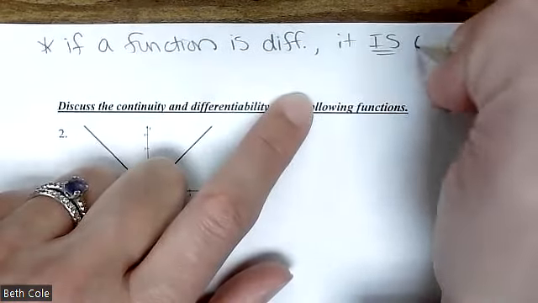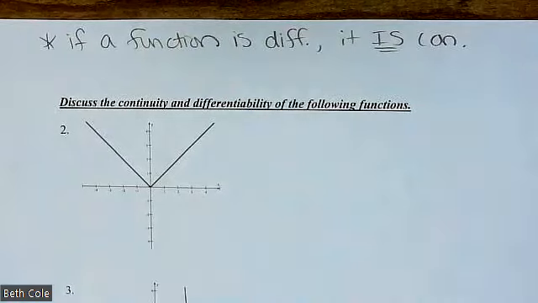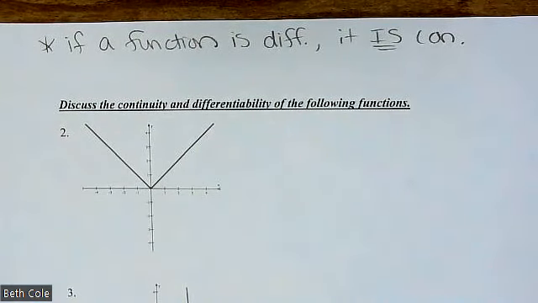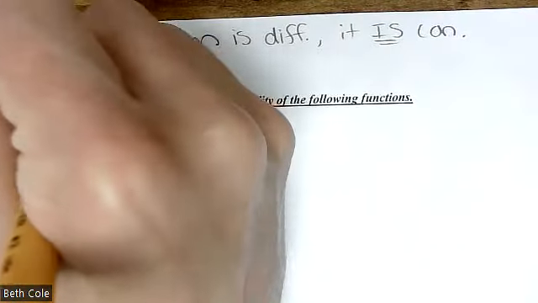it is continuous. This comes up on the AP exam a lot in the free response part. They will tell you a function is differentiable, and then when you do your justifications, you have to say, since the function is differentiable, it is also continuous. You get a point for saying that. Now, the opposite of that is not true.